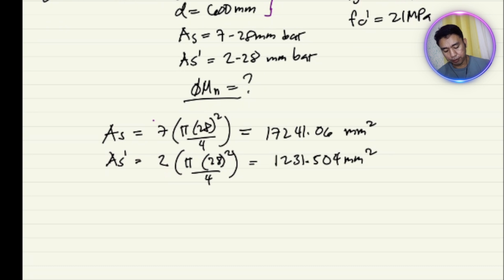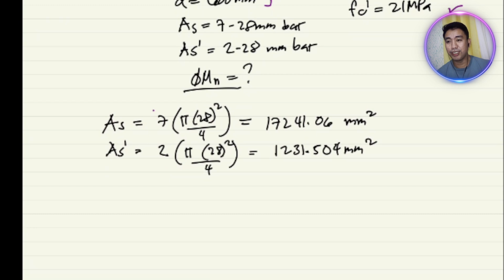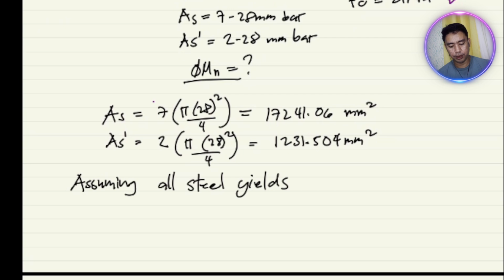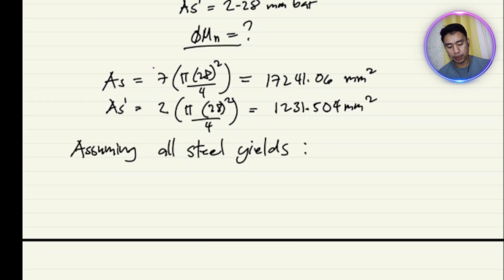So the very first step that we have to do is to assume. Okay, we'll assume, although it's not good to always assume, but here we are forced to assume. So assuming that all steel yields. So kung mag-yield yung dalawa, that means ang AS2 natin is equal to AS prime. Okay?